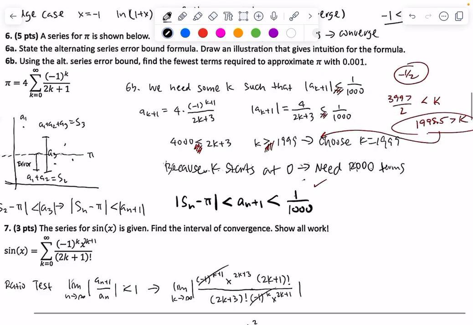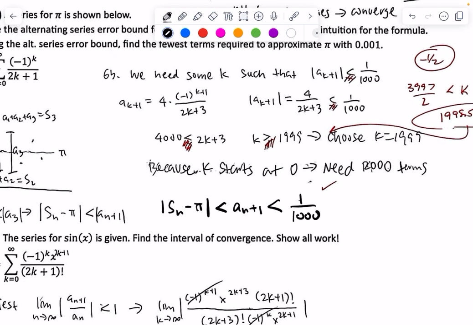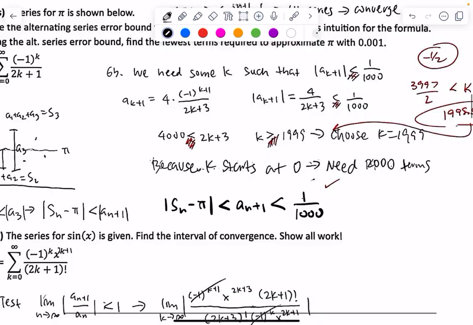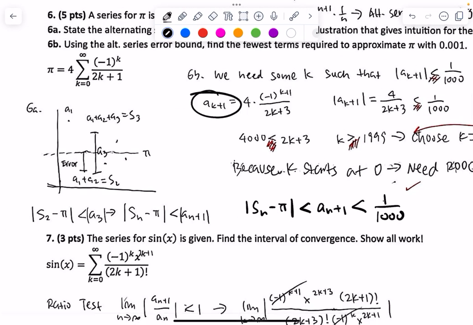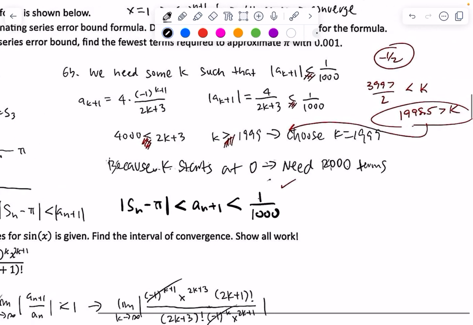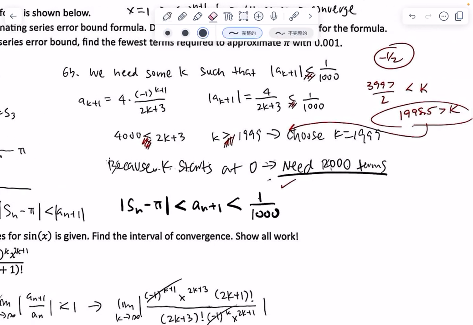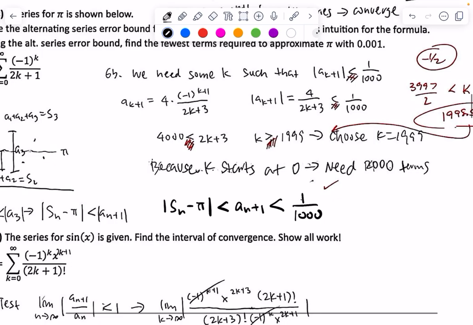That's the only way Sn minus pi is smaller than 1 over 1000. So we plug in our expression for ak plus 1, and we ultimately find out that we need 2,000 terms. Note that many people just stopped at 1,999. We actually end up needing 2,000 terms because k starts at 0.